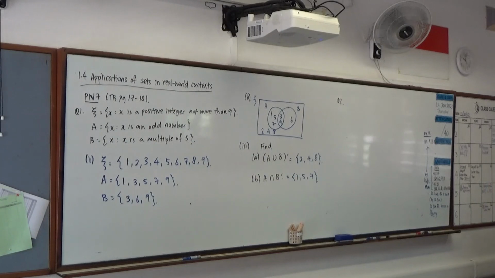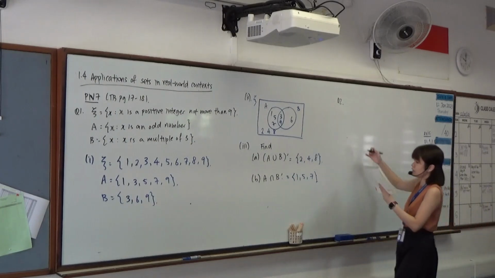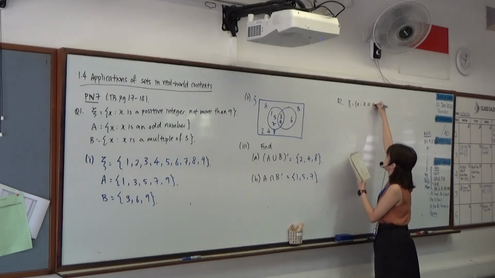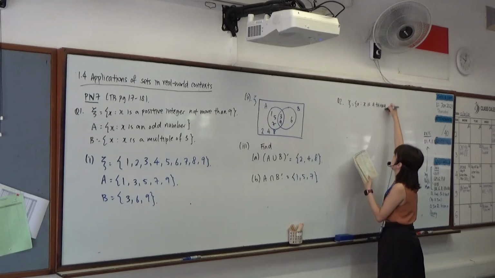Venn diagrams are actually very useful in terms of classifying things as well. Looking at question 2, we want to classify the different types of triangles.